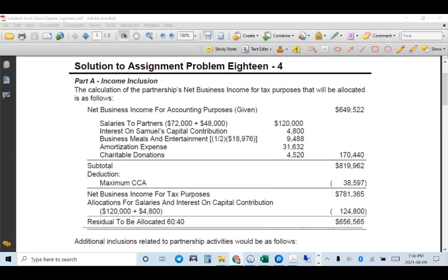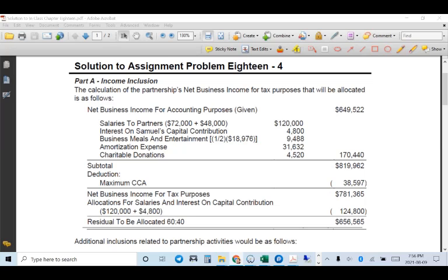It tells us that Sam will receive interest at 6% on his average capital balance for the year. So that's the money that he's put in. All of these amounts were withdrawn from the partnership prior to December 31st, 2020. Neither brother has taxable income that will be taxed federally at 33%.